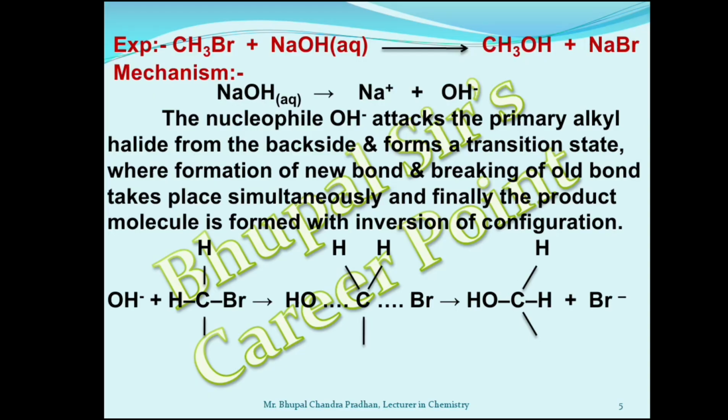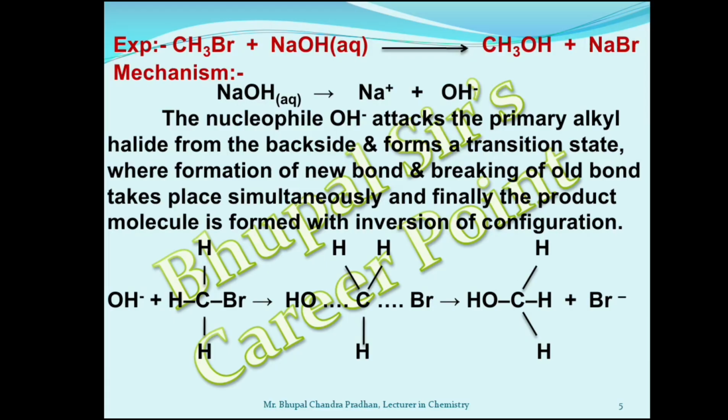Now, what happens when the nucleophile OH- attacks the methyl bromide from the backside? A transition state is formed where the breaking of the old bond, that is the C-Br bond, and the making of the new bond, that is the C-OH bond, take place simultaneously. This step is the slower step.